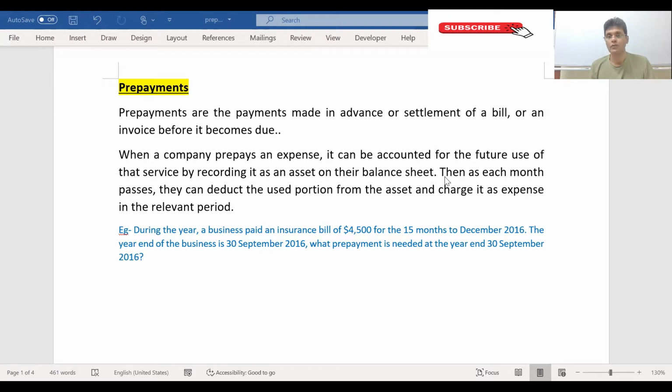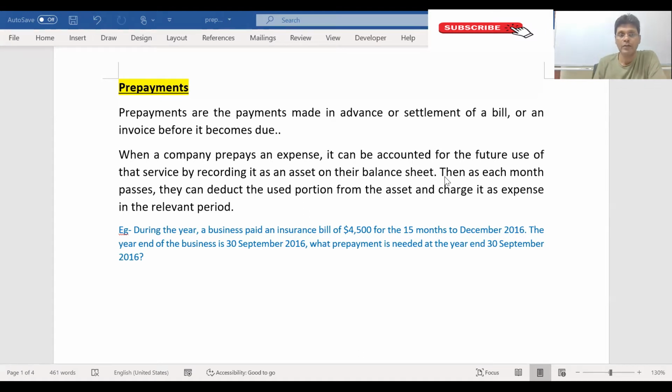So first and foremost, let's look at the definition of prepayments. What do you mean by a prepayment? Prepayment means a payment made in advance, or settlement of a bill or an invoice before it becomes due.